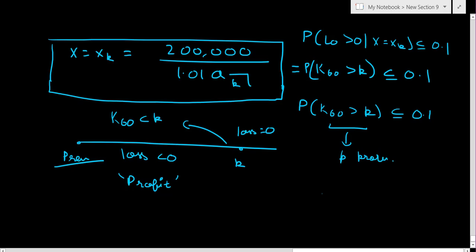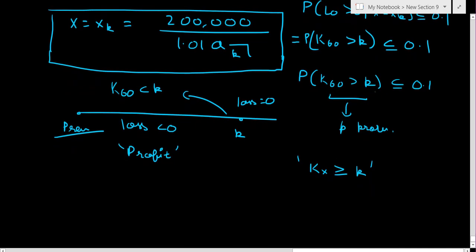And usually when we write p probabilities, they are in the form that Kx is greater than or equal to some k, because they are the probability that a person survives for at least k years. So there is a greater than or equal to sign and not a greater than sign. This is your definition for kpx, the probability that Kx is greater than or equal to k. So there is always an equal to sign. So I need to change this in terms of the greater than or equal to probability.